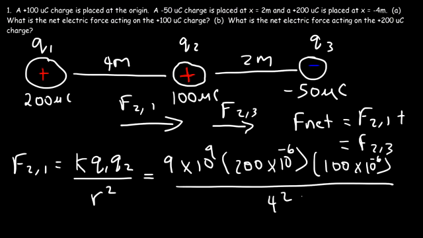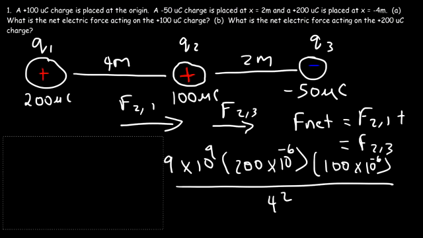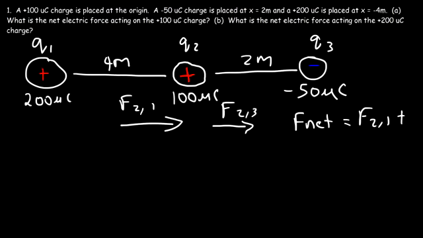So go ahead and type that in. So the force exerted on charge 2 by charge 1 is 11.25 newtons. So let's save that answer. We're going to use it later.